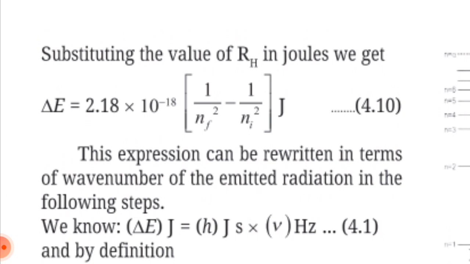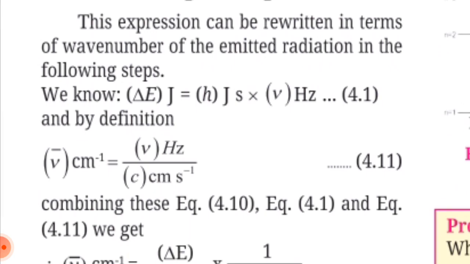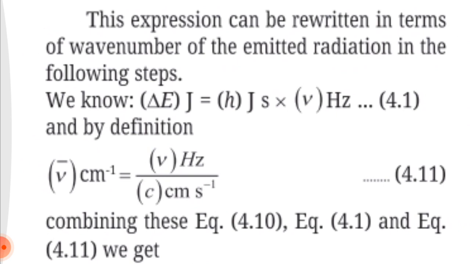Substituting the value of RH in joules, we get delta E is equal to 2.18 × 10 raised to minus 18 (1 upon nf square minus 1 upon ni square) joule. This expression can be written in terms of wave number of the emitted radiation in the following steps.